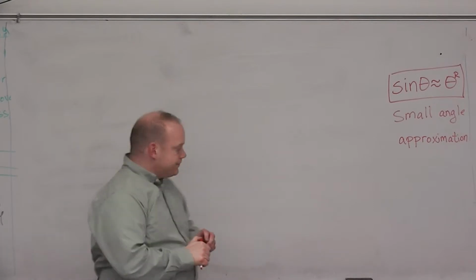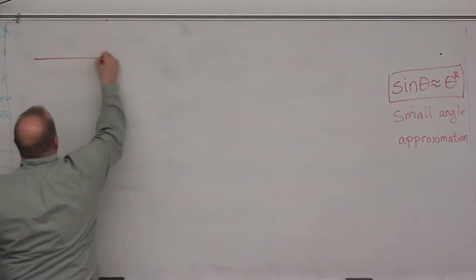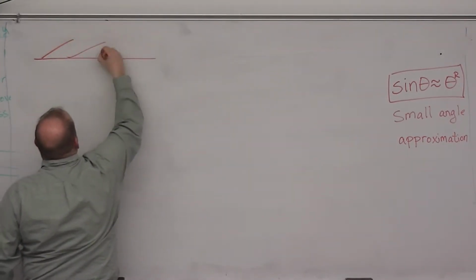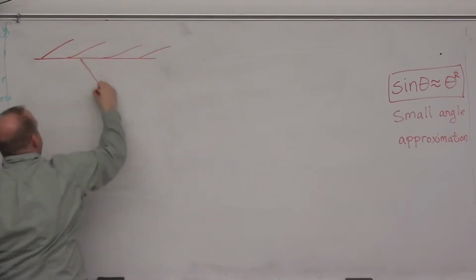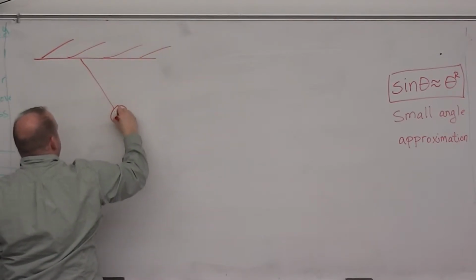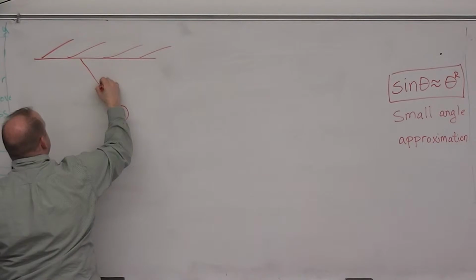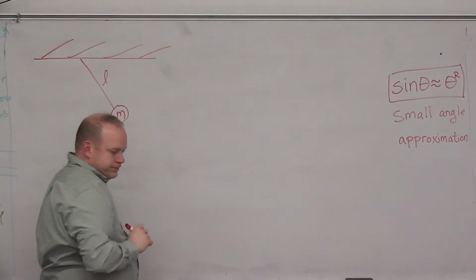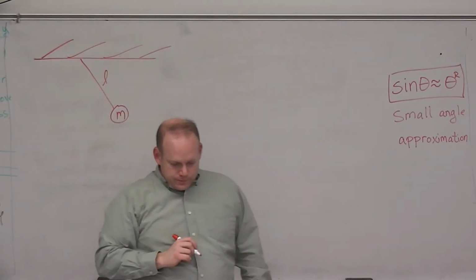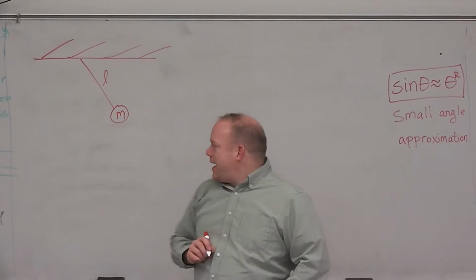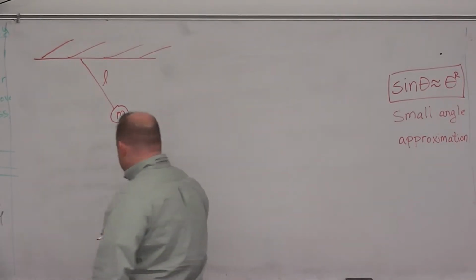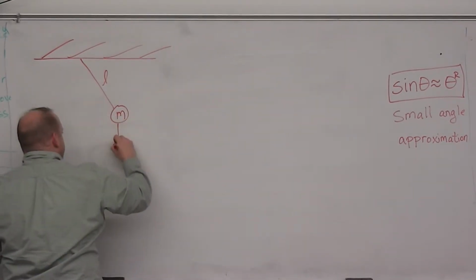So now, let's just say I have a pendulum bob, mass M, length L. Now, free body diagram of that pendulum bob here. Okay, I've got mg pointed down.